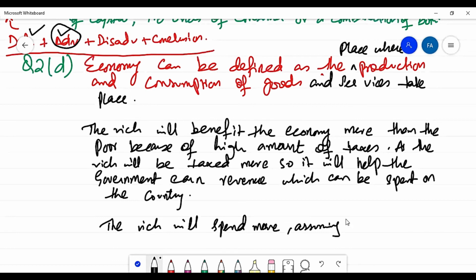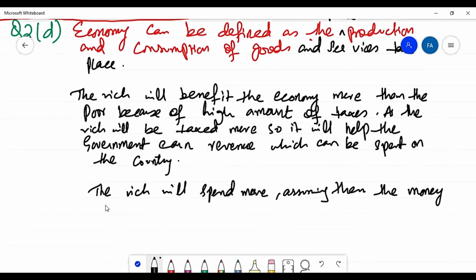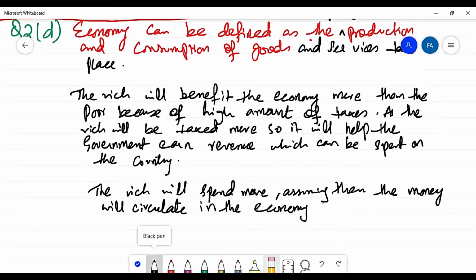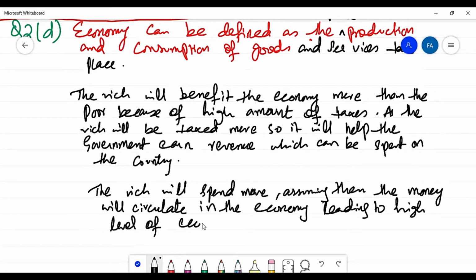Assuming this thing, that he will spend more, then the money will circulate in the economy, leading to a high level of economic activity, which is better for the country.